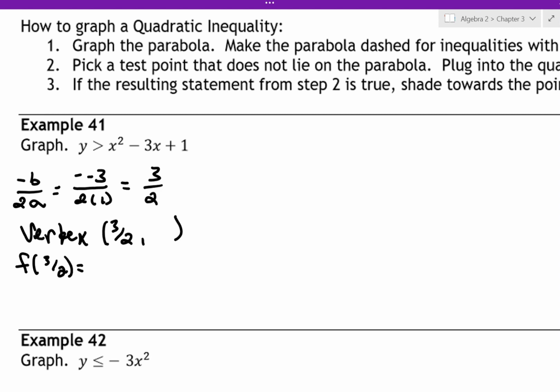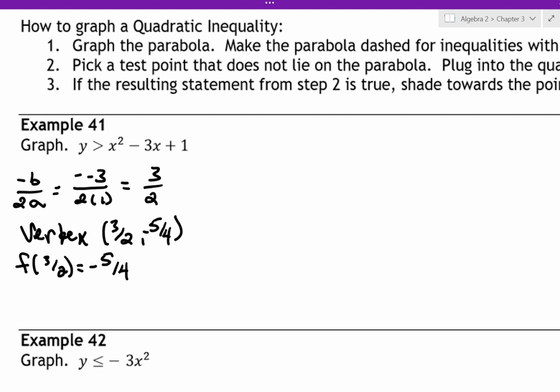I haven't used a real calculator in a long while. 3 halves squared minus 3 times 3 halves plus 1. And that gave me negative 5 fourths.